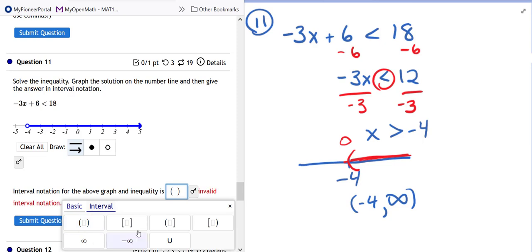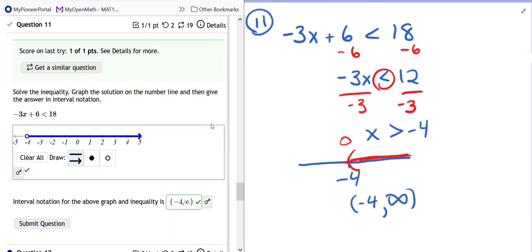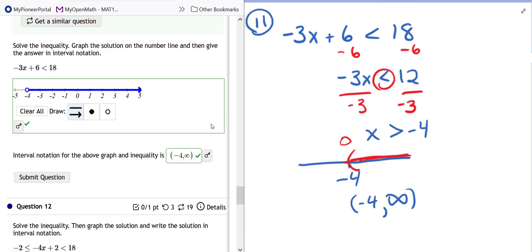And we'll do negative 4 first, comma, and infinity. And submit. You guys stop me if you have a question.